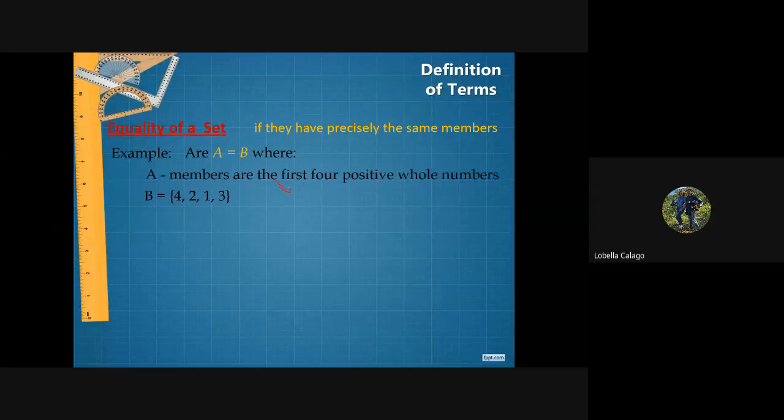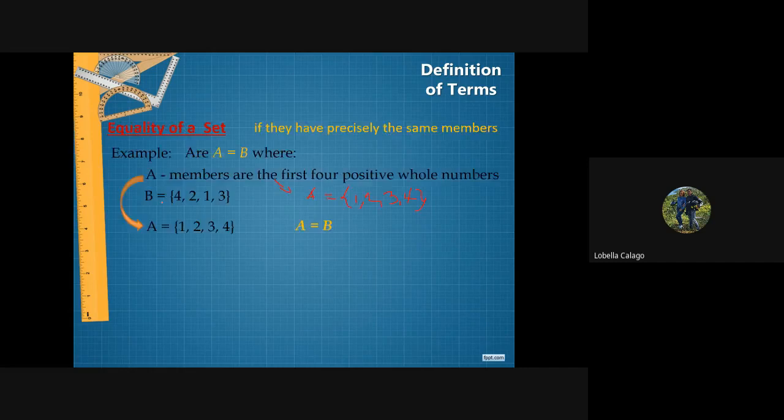A is a set whose members are the first four positive whole numbers. So what are the first four positive whole numbers? We all know that they are 1, 2, 3, and 4. So ang A ay merong elements 1, 2, 3, and 4, while B has 4, 2, 1, 3. So they are the same because parehas silang may elements. Hence, A and B are equal sets.